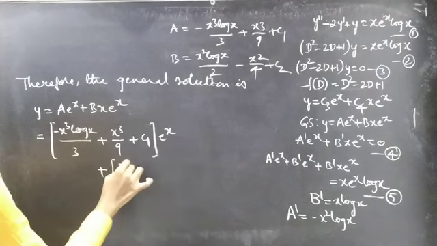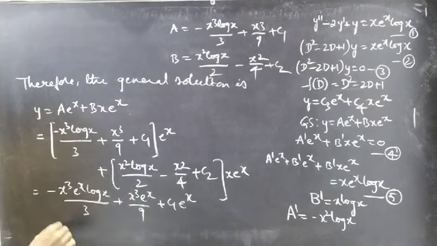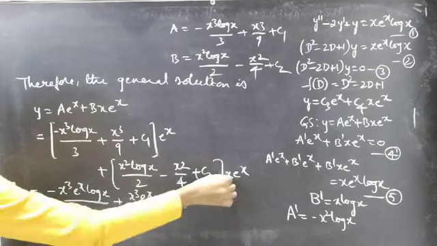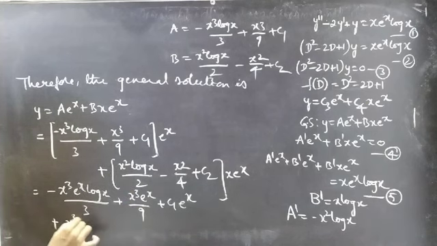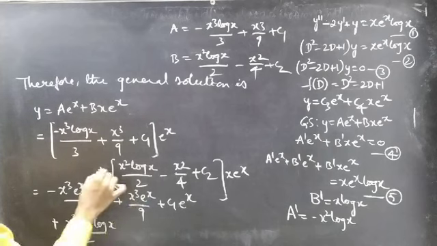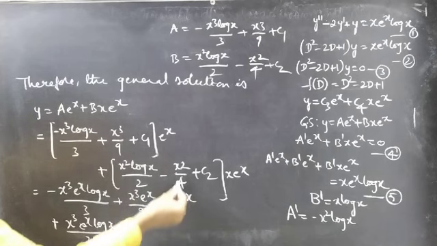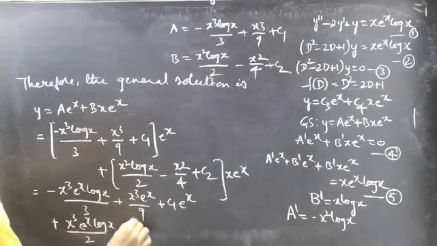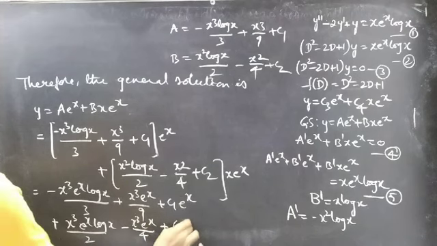plus x square into x e power x log x by 2 plus, into minus minus, x square into x e power x by 4, plus c2 x e power x.